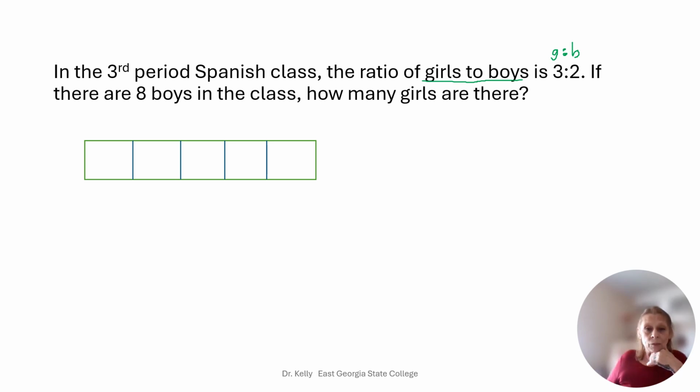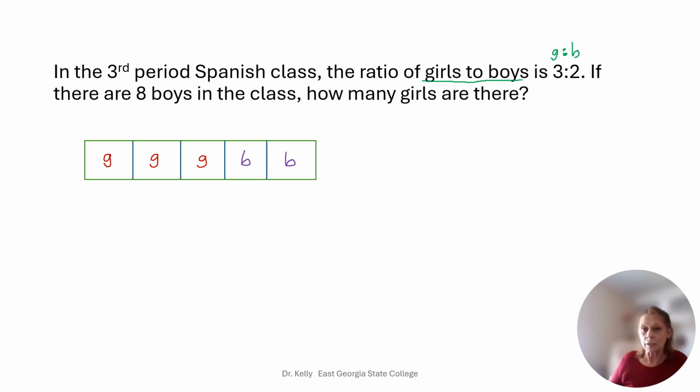Okay, so let's model that real quick. So girls to boys, that means if it's 3 girls to 2 boys, then we could call this a girl, this a girl, this a girl, and that would make this guy a boy and this guy a boy.